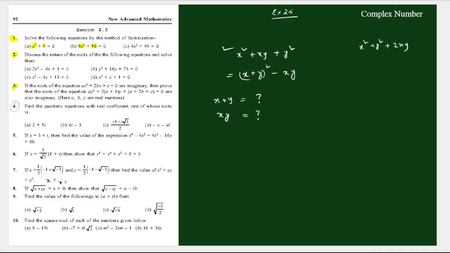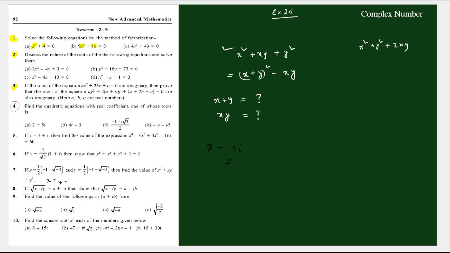What is number 10? Find the square root of each of the numbers given below. So we have to find the square root, that formula we have learned. This is the example 8 minus 15i, and here we have got 8 and here we have got minus 15i. So 15 is not divisible by 2 into something.